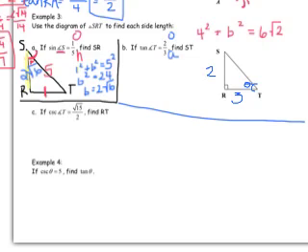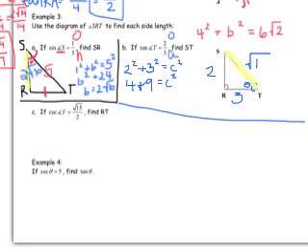I want to know ST, which is this side, the hypotenuse, which I don't have right now. So I'll have to do Pythagorean theorem. So 2 squared plus 3 squared equals c squared. So that's 4 plus 9, so 13, which does not reduce.